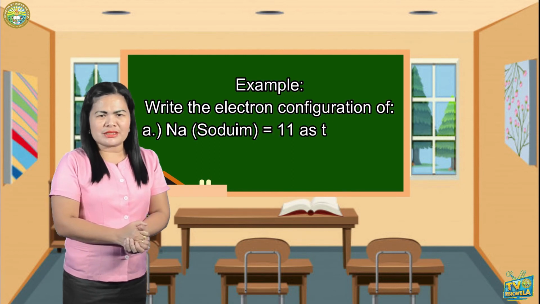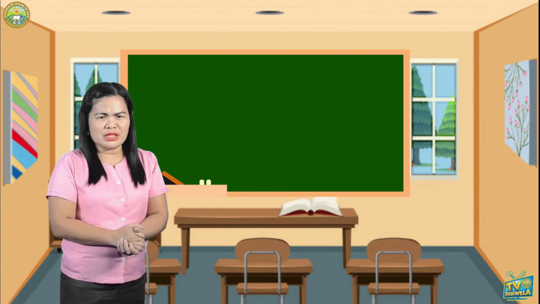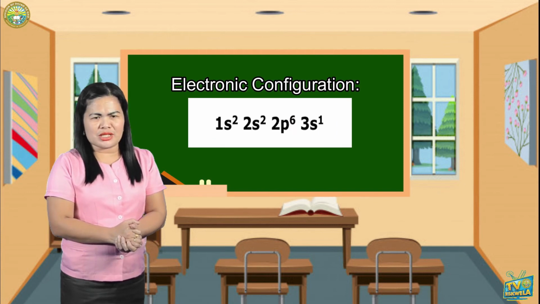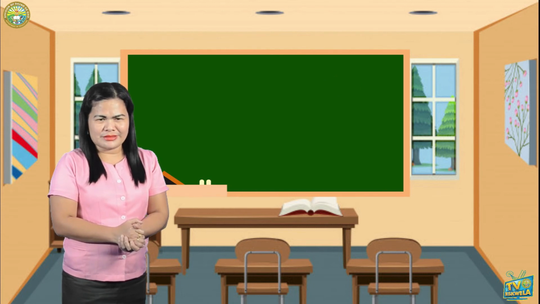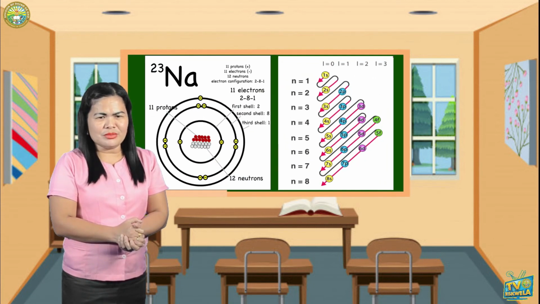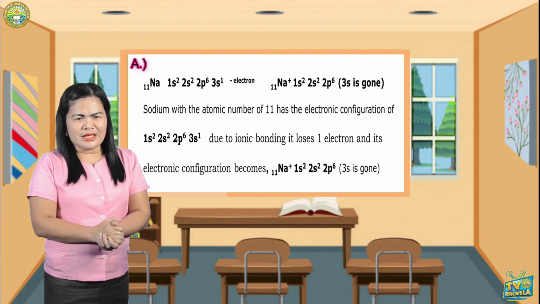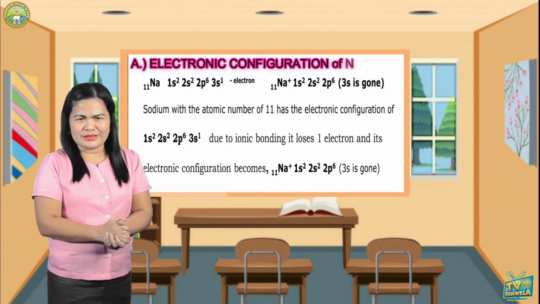Example, write the electron configuration of sodium. With 11 as the atomic number, the electronic configuration is 1s2, 2s2, 2p6, 3s1. In an atom, it looks like this. A. Electronic configuration of sodium and chlorine.